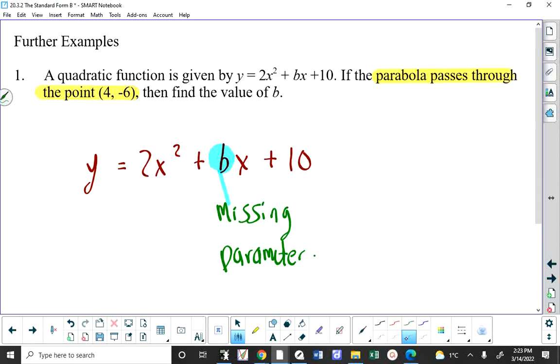For those of you that still don't, what do you always do to find a missing parameter? You load in an ordered pair for x and y. So this problem is just a math problem. It's not a parabola problem. It's an algebra problem. So we load in x and y.